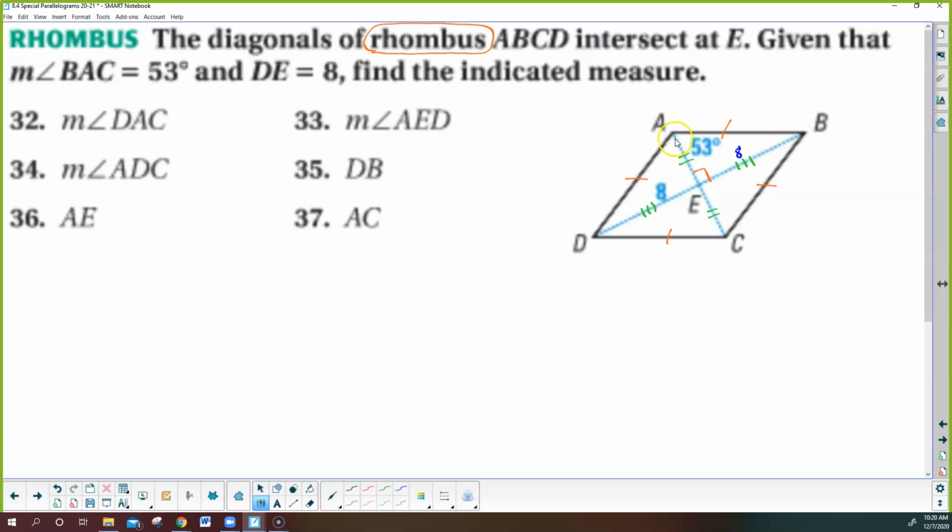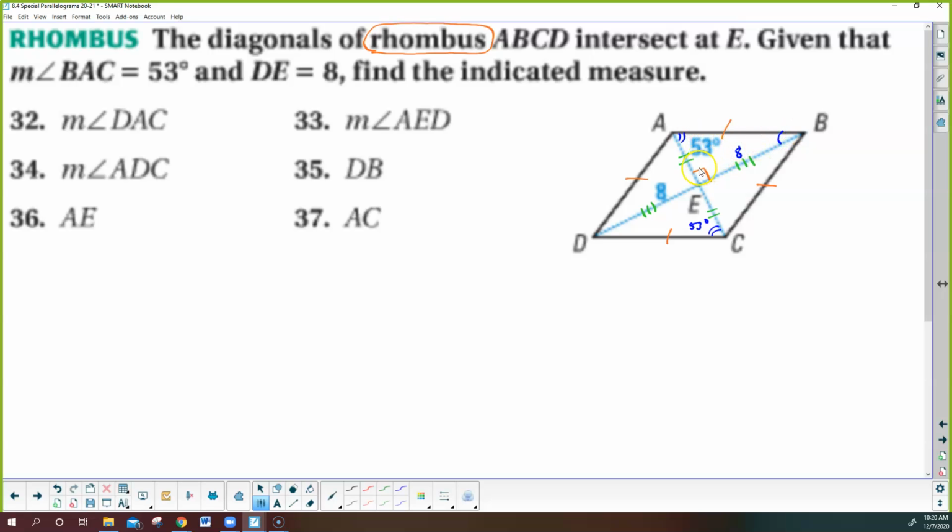And if I follow a Z, this Z right here, I'm not going to highlight it because it'll get really messy, but this 53 degrees is the same as this 53 degrees. And then wait a minute.